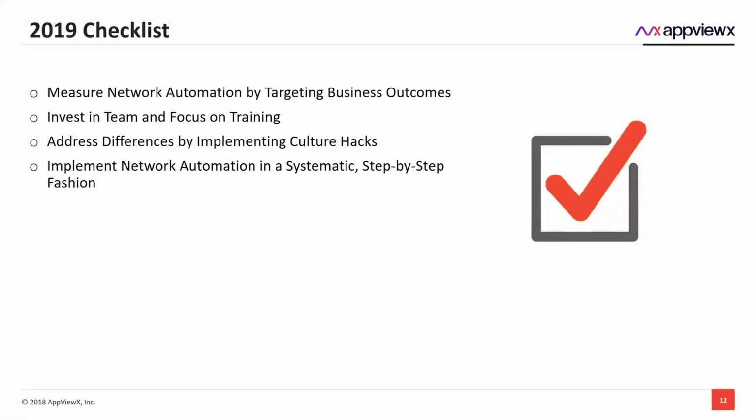So basically define those, and then look at how we can leverage the existing team to upskill them to achieve that. And then, more importantly, how do we address the cultural differences or cultural hacks? Because that is one of the more, more than technical, right?